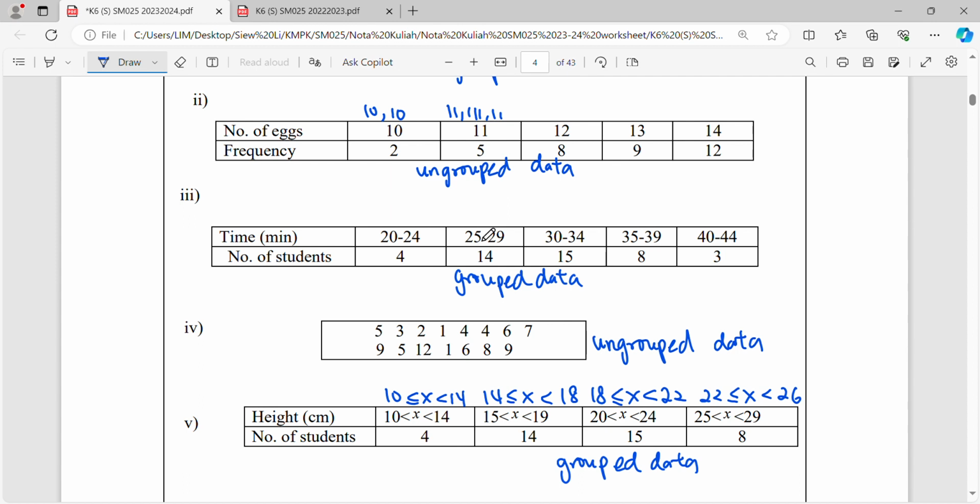We can't identify whether we want to put it in this group or this group. Previously, what you learned, all your data was discrete data. That's why in SPM statistics, 20 to 24, they jump to the next number. 25 to 29, they jump to the next number.